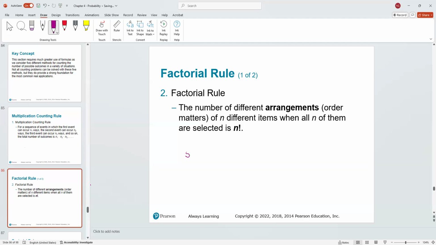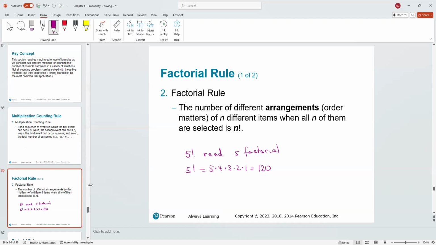If we say 5 factorial, it means 5 times 4 times 3 times 2 times 1. So 5 times 4 is 20, times 3 is 60, times 2 is 120. So that will be the answer. Factorials are very important when you deal with probabilities or when you use permutations or combinations.